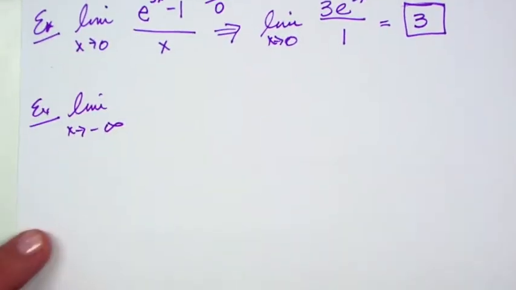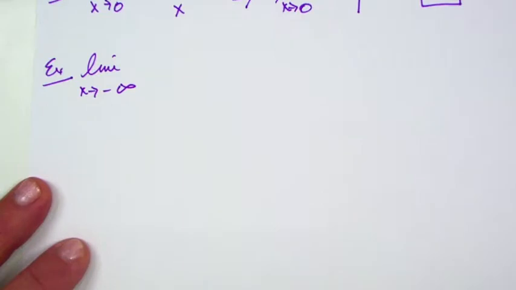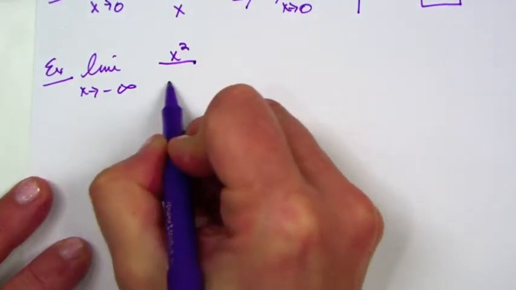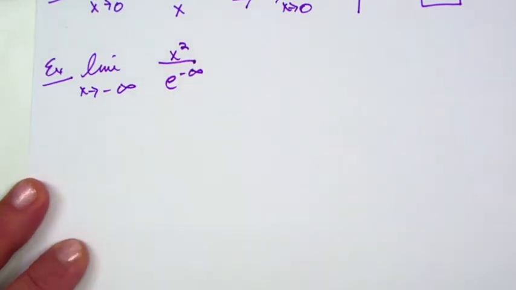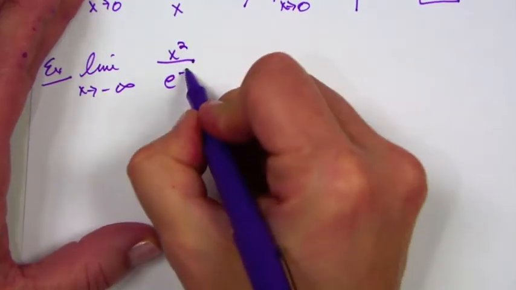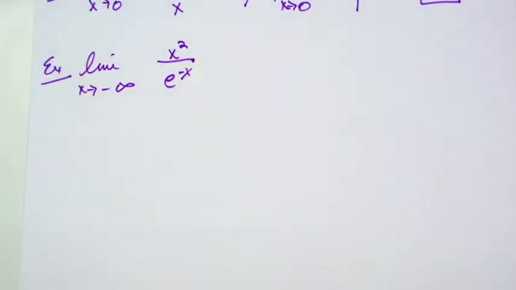Okay. Limit as x approaches negative infinity of x squared over e to the negative x.